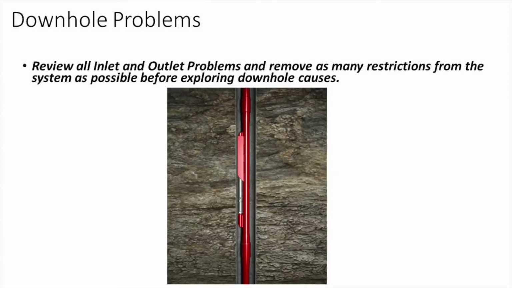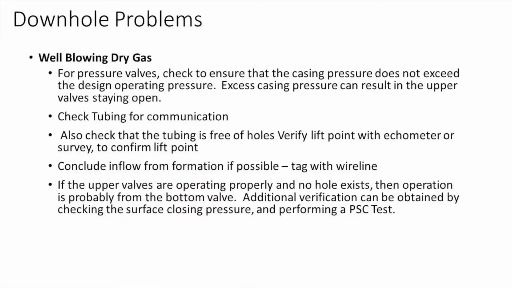Now, downhole problems. Downhole problems do occur. Downhole problems are a little trickier to identify because they're downhole. We can interpret the information, but we can't exactly see what the problem is. So we have ways to understand that. We have ways to identify what kind of downhole problems can occur. The biggest one is basically just circulating gas.